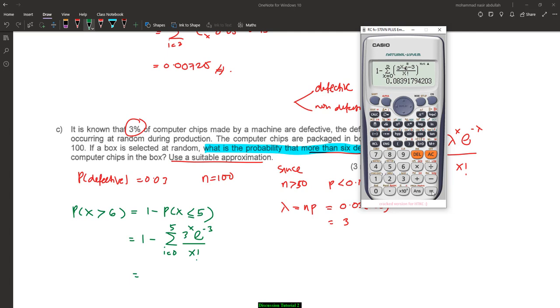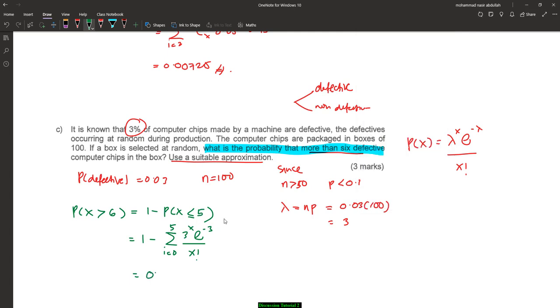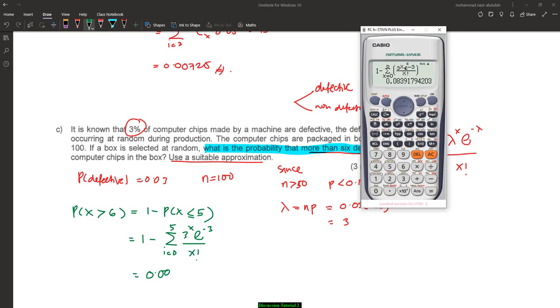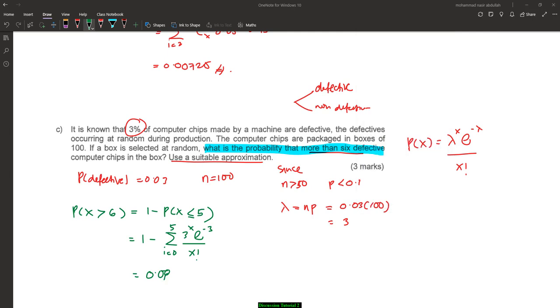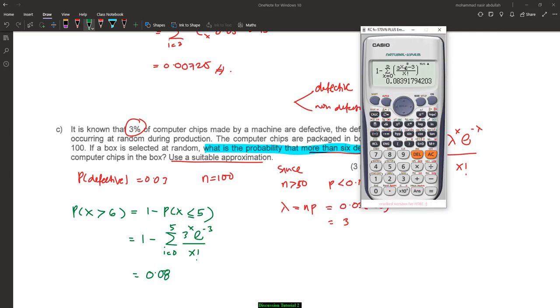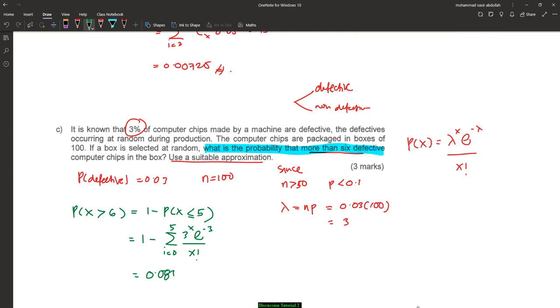Is it right? Until 5, yes, more than 6. So this one should be 0.0839. Right?